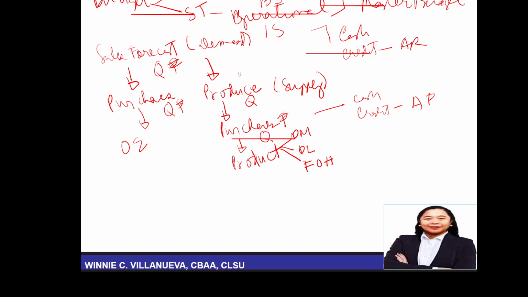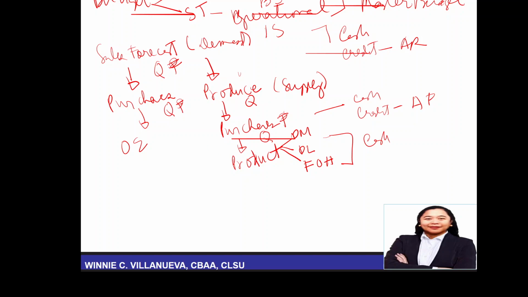Kasi direct materials yung sa purchases, remember. And then you have your direct labor and your factory overhead. This one would look into cash then. Di ba? How much are you going to pay in cash? So, with that, we can go now to your additional funds needed, the long term.